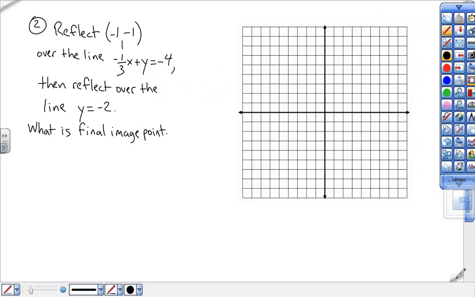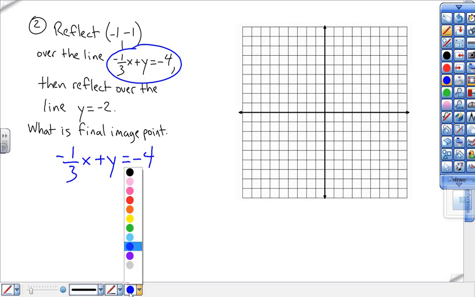This one, a little harder because that equation is not solved for y. So to solve that for y, I'm going to add 1/3 x to both sides. These will cancel away.